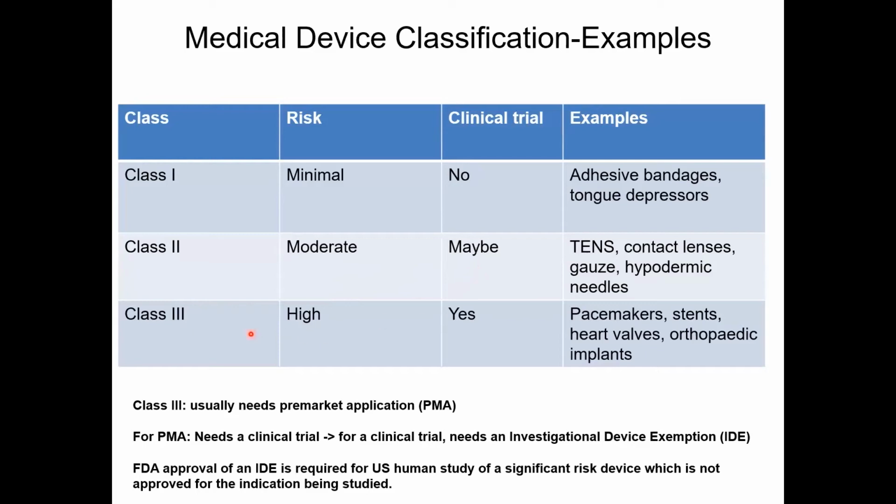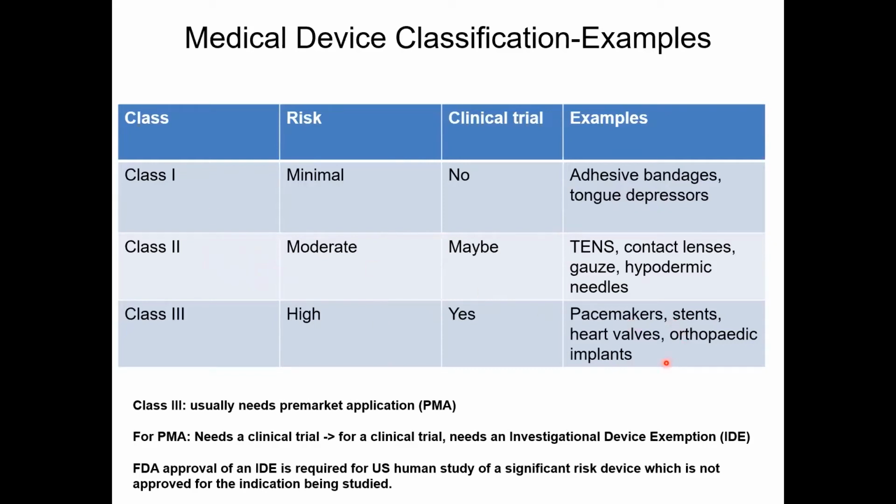Usually, class 3 medical devices with high risk need clinical trials for a pre-market application, which is PMA. Class 3 medical devices include pacemakers, stents, heart valves, or orthopedic implants. You can see class 1 is very non-invasive, which may be adhesive bandages or tongue depressors. And class 2 is between class 3 and class 1 in risk.